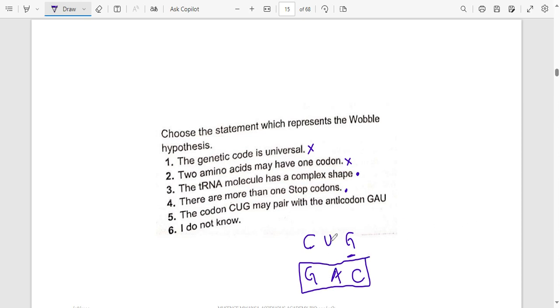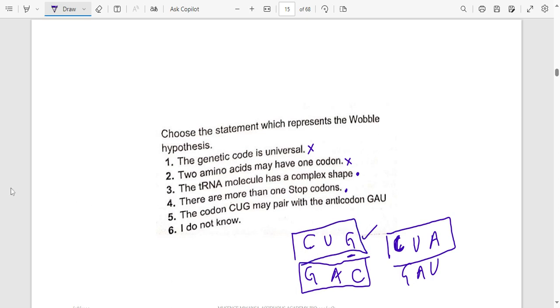On top we have GUG, which is what it was supposed to pair up with, isn't it? And if it is GAU, it means that on top we were supposed to have C and what? U. U pairs up with what? A. So you want to look at CUA and CUG.